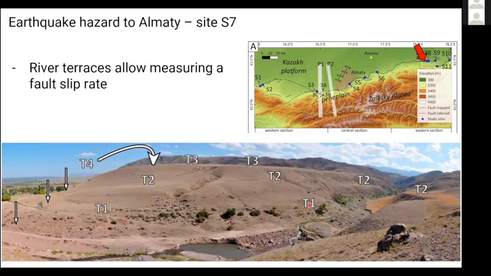So here you can see the modern riverbed, and then there's a river terrace T1, and then there's an older terrace T2 that you can actually see on both sides of the river. And there's an even higher and older terrace T3. And behind that, there's an even higher and older terrace T4. So this would allow us to measure the offset in the terraces. And in these sediments, we could also find something for dating.